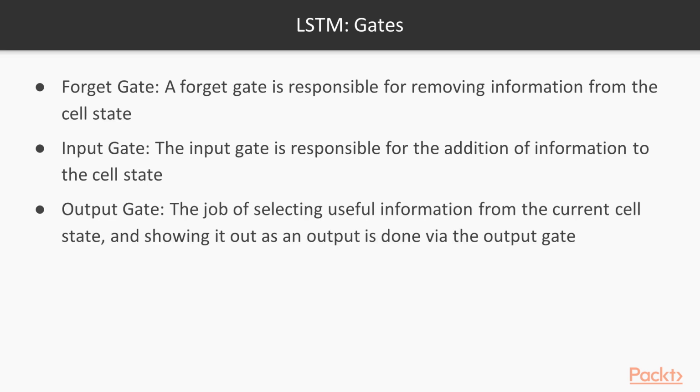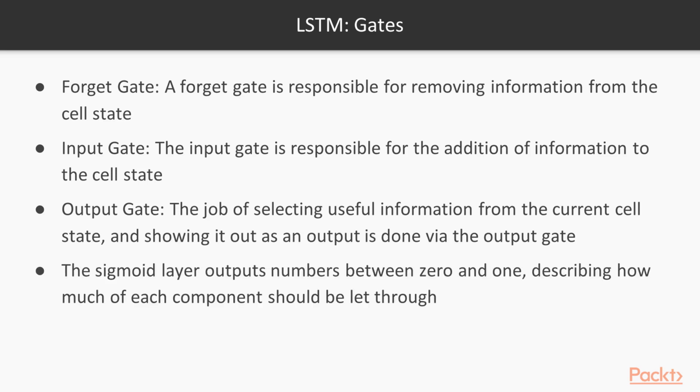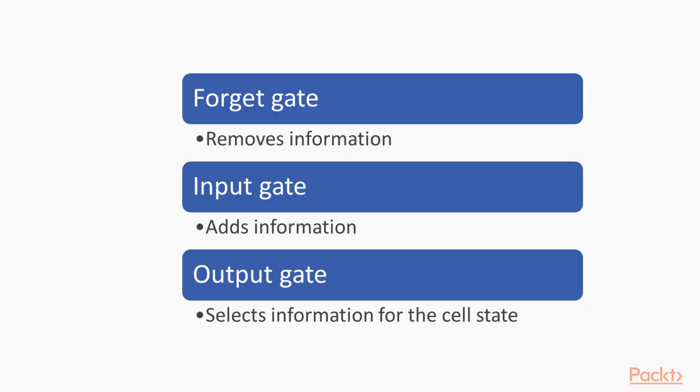The job of selecting useful information from the current cell state and showing it as an output is done via the output gate. So there are three types of gates, and every gate has its own functionality. Just remember: the forget gate removes information, the input gate adds information, and the output gate selects information from the cell state.